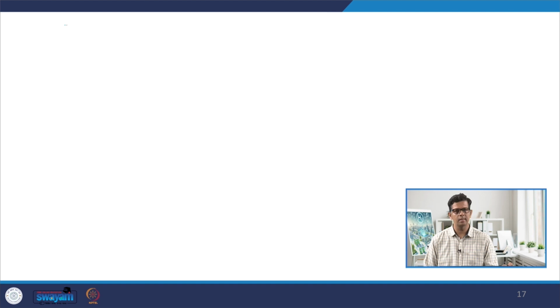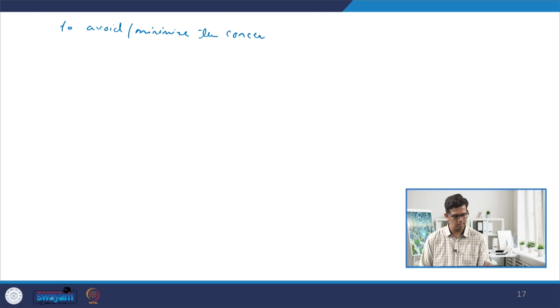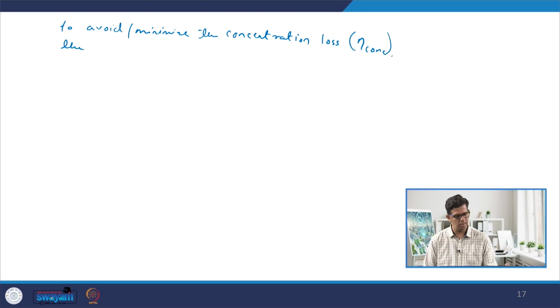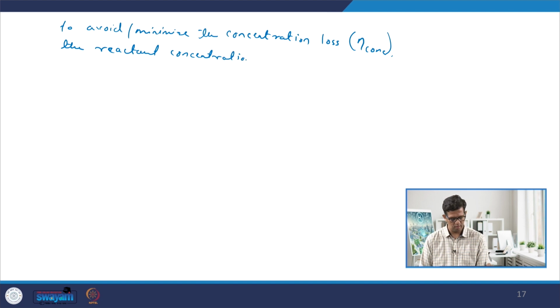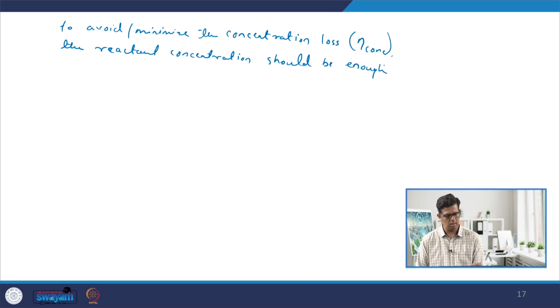So to avoid, or rather I should say minimize, these mass transfer losses, eta concentration, the reactant concentration should be enough, in substantial quantity at the reaction sites. Okay, so this is the first point.